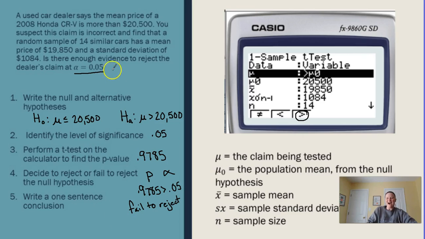So there is not enough evidence to support the dealer's claim. Remember the dealer's claim was my alternative hypothesis. If I fail to reject, then I'm saying the null hypothesis is true, so the mean is less than or equal to 20,500. The dealer said it was more, so he's wrong. Okay, and that's it for the one-sample t-test.